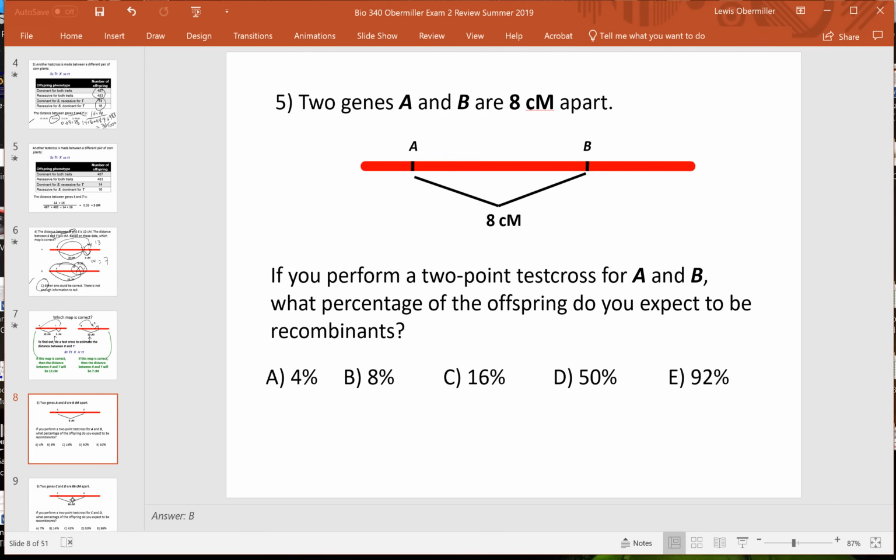Two genes A and B are 8 centimorgans apart. If you perform a 2-point testcross for A and B, what percentage of the offspring do you expect to be recombinants? Okay, so this is the offspring, and that means that that's going to form a zygote. You have to pay attention to the question because it may say gametes, and that's different. So we're going to fully do this out.